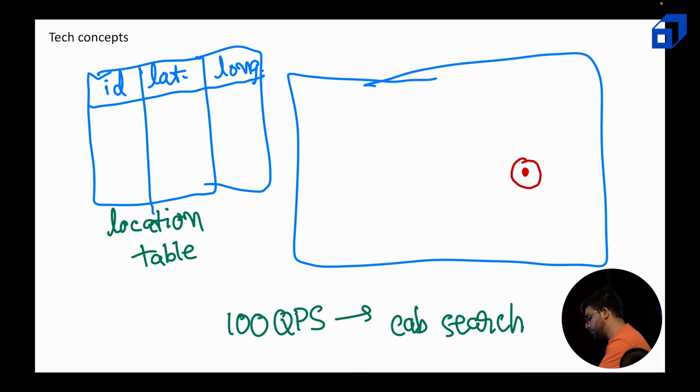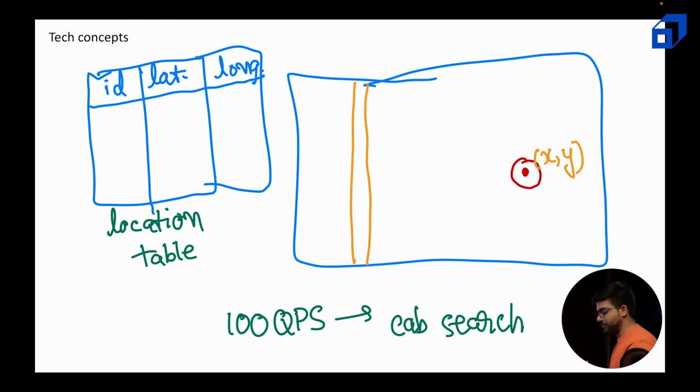One way in which we can get some improvement in performance is by creating an index over latitude or longitude. We obviously cannot create a primary index on both of these dimensions. So let's say we create a primary index on latitude. Over here we can assume that the latitude and longitude are x and y. Near the x latitude, we want x minus 2 to x plus 2.